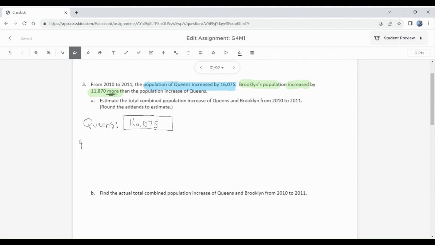Now Brooklyn's population again increased by this amount, the same amount as Queens, this 16,075 and 11,870 more. So we need to make sure that we account for that extra part there.